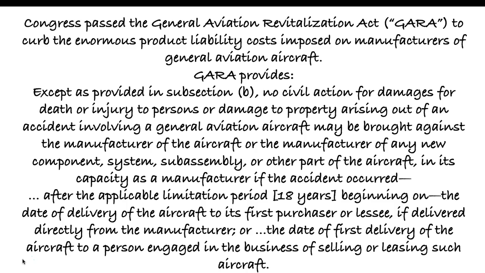GARA provides no civil action for damages for death or injury to persons or damage to property arising out of an accident involving a general aviation aircraft may be brought against the manufacturer of the aircraft or the manufacturer of any new component, system, subassembly, or other part of the aircraft in its capacity as a manufacturer if the accident occurred after the applicable limitation period, 18 years, beginning on the date of delivery of the aircraft to the first purchaser, if delivered directly from the manufacturer, or the date of first delivery of the aircraft to a person engaged in the business of selling or leasing such aircraft.